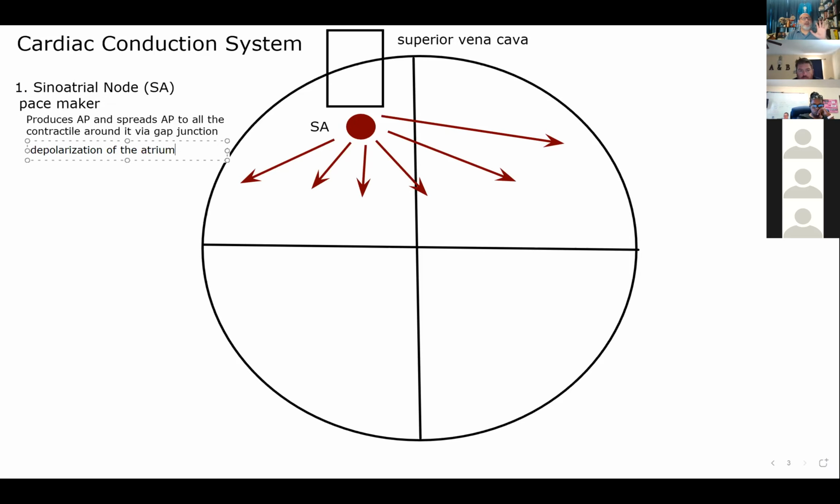However, our wave in the pool spreads over the entire pool. And that's not the case here. This depolarization only spreads across the atrium. It does not reach the ventricles. Well, why not?